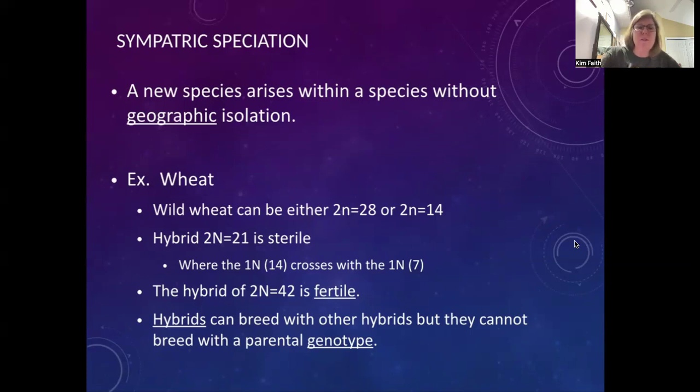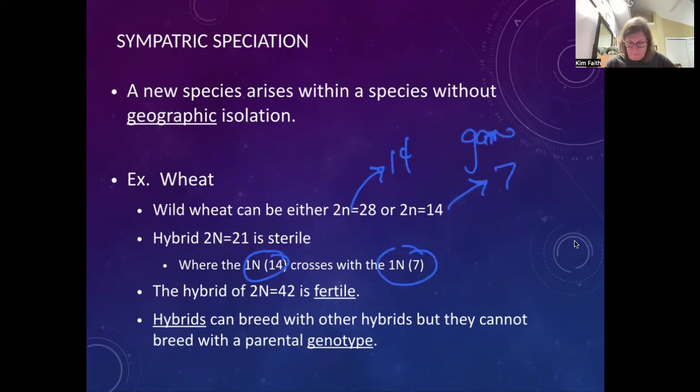Okay, so remember, if we go from 1N in meiosis, we're going to reduce to 14, we're going to reduce to 7 to make eggs and sperm or gametes. So if by chance those come together, 14 and 7 is 21.